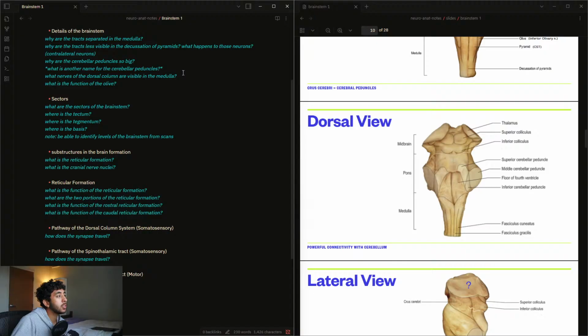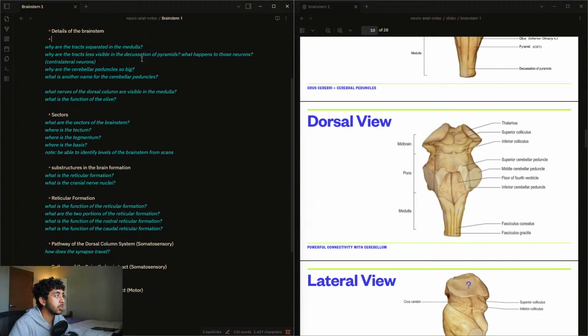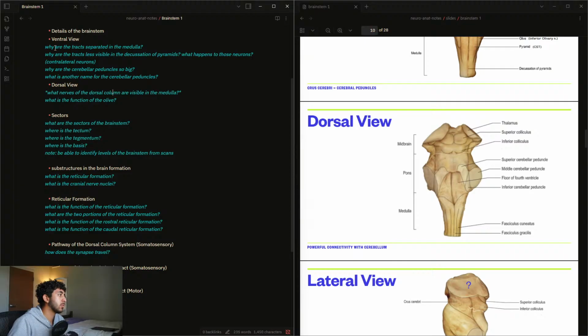Details of the brainstem. So I think we should separate this further into details of the brainstem. Details of the brainstem, and then let's do ventral view. Then let's do dorsal view.